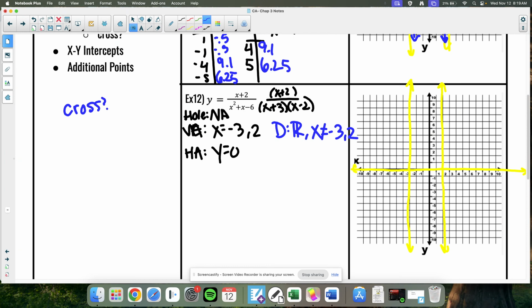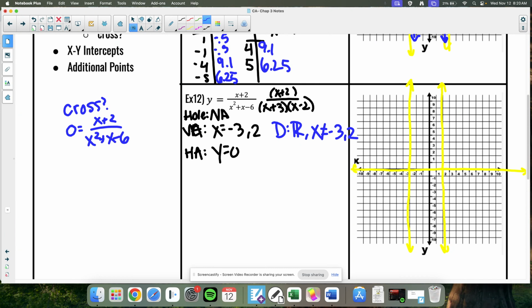So if it's going to cross the horizontal asymptote, that would mean our whole equation would have to equal 0. Horizontal and slant asymptotes can be crossed. So if you have an asymptote, you want to set it equal to that value. Our asymptote is at 0. If a fraction is going to equal 0, what part of it has to equal 0?